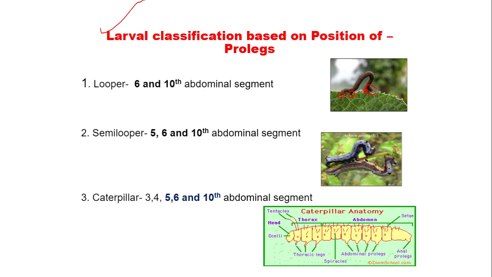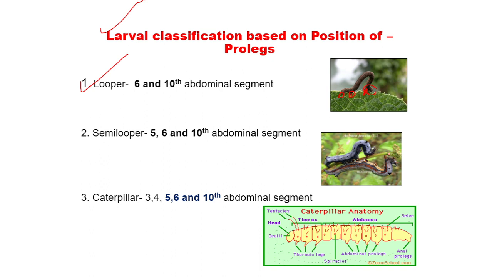Due to the absence of legs between the thoracic and 6th pair of abdominal legs, this insect forms a big loop when it is walking. That's why we call it a looper.